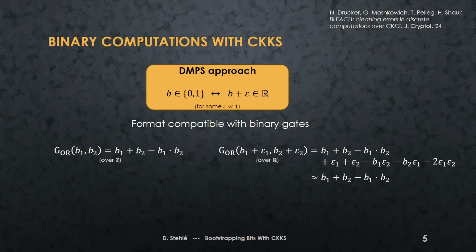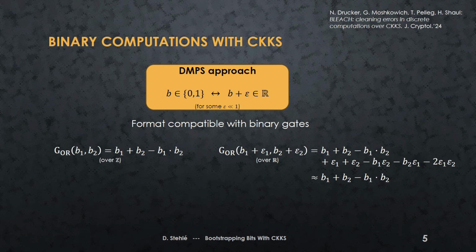Interestingly, this format is compatible with binary gates. Here I take the example of the OR gate. If you want to OR B1 and B2, you can compute B1 plus B2 minus B1 times B2 over the integers. If you take 1 and 1, for example, it's 1 plus 1 minus 1, which is 1. It's indeed the OR of 1 and 1.